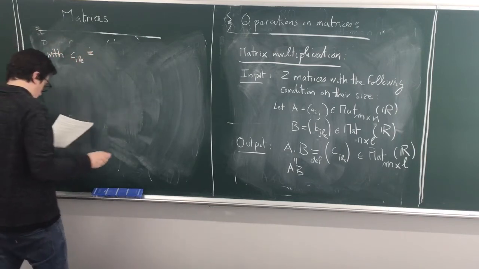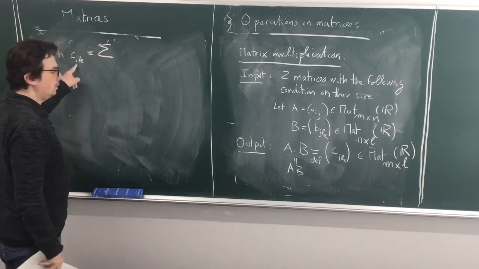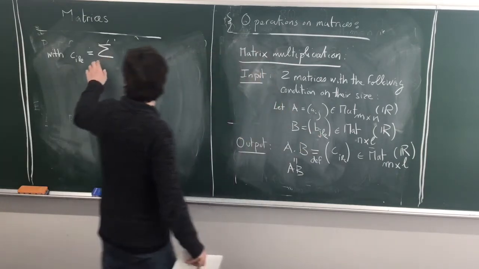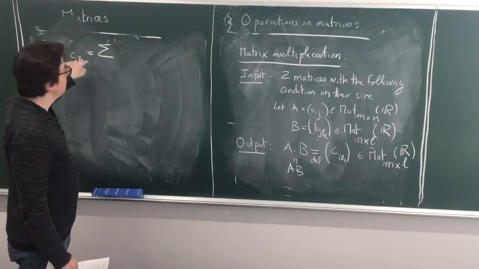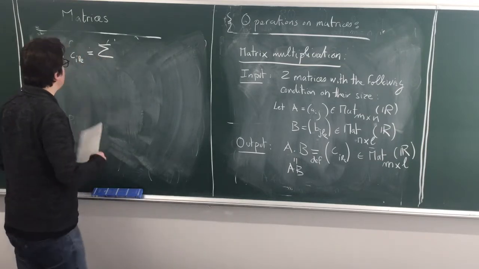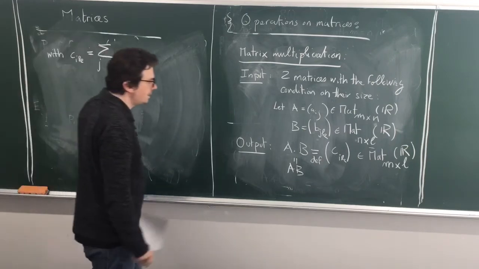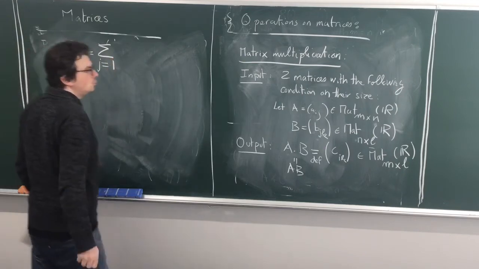CIK will be the sum. So I have three indices, I, J, K. Here, I and K are fixed, which means that I'm going to do a summation not on I and K, but on the remaining index, which is J. So J will go from 1 to what?